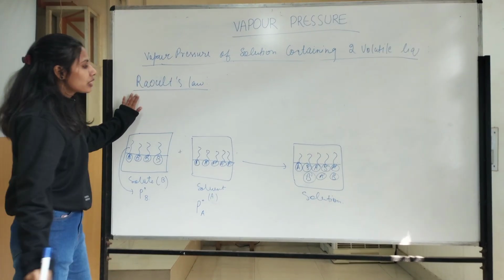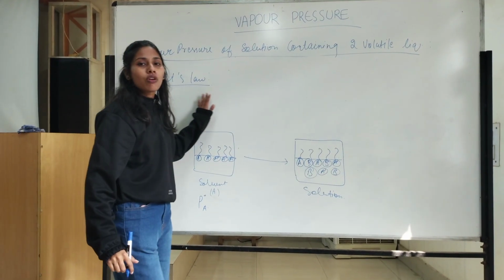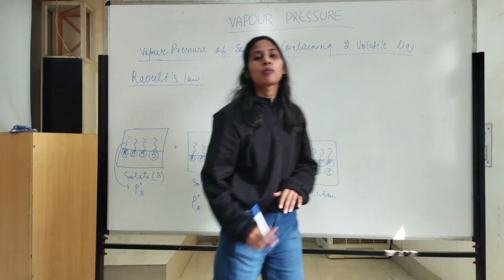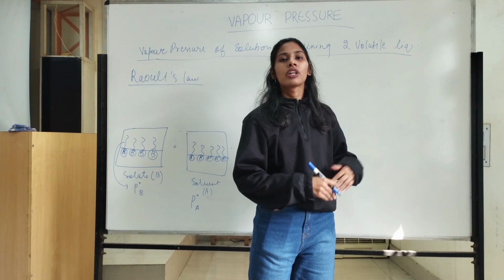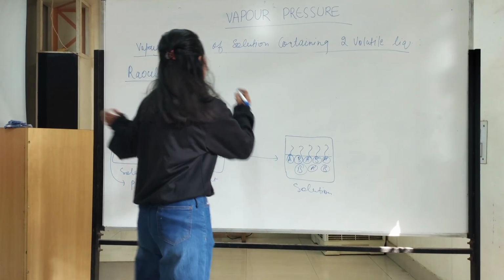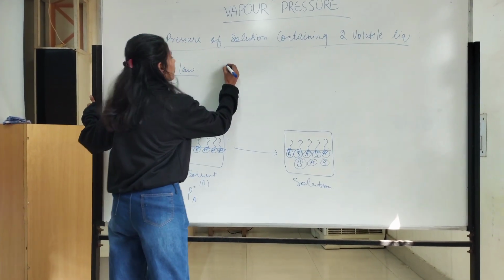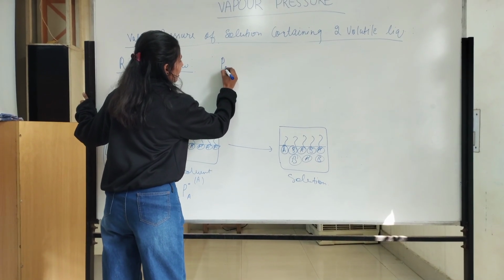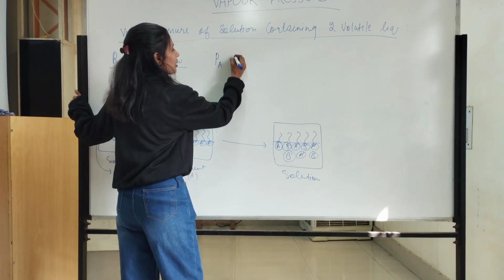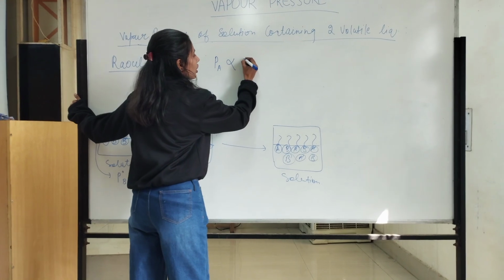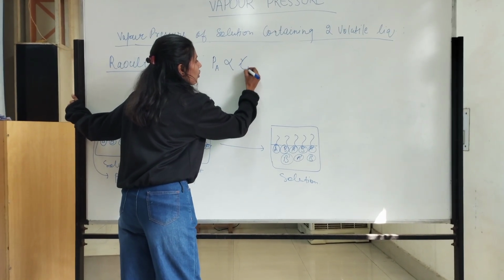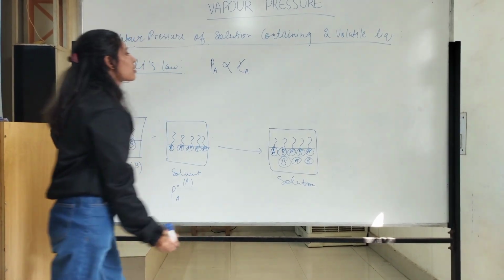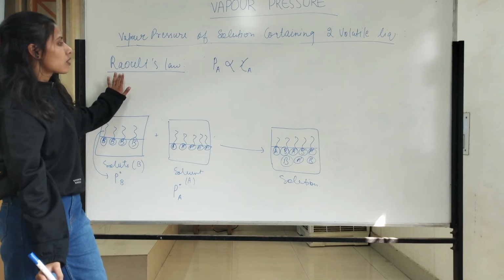So according to him, the partial pressure of the solution is directly proportional to the mole fraction of that gas. So according to Raoult's law, the partial pressure of gas A in the solution is directly proportional to the mole fraction of gas A. So this is the Raoult's law.